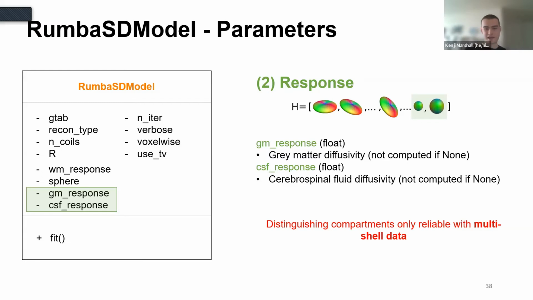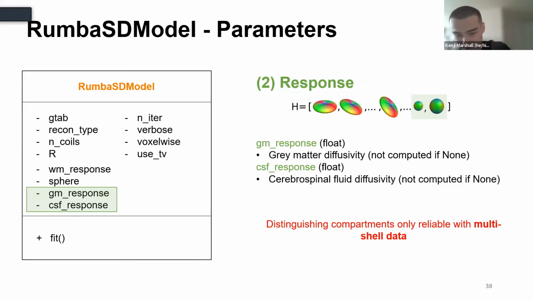And once again, I have this warning in red. Distinguishing these compartments is only possible when you have multi-shell data, right? So when you have single shell data, generally you can just pass the gray matter response as none, for example, and just treat your CSF compartment as your general isotropic compartment.